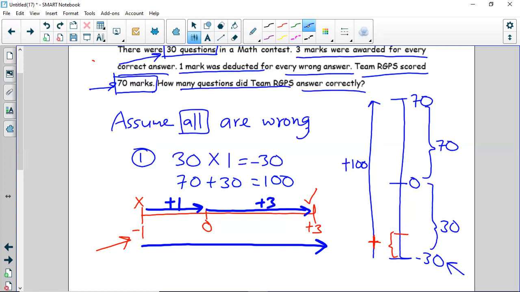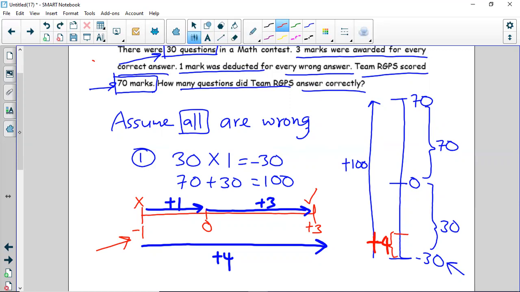So in total, how many do you add? You have to plus 4. So when you replace a wrong answer with a correct answer, you have 4 more marks, and the leaf goes a little higher. So how many times must I replace? How many wrong answers must I replace?